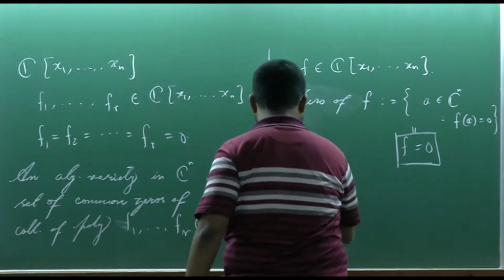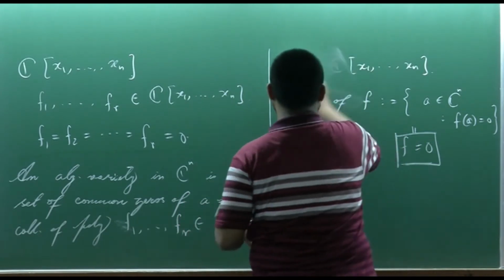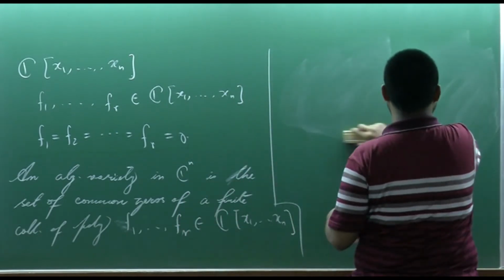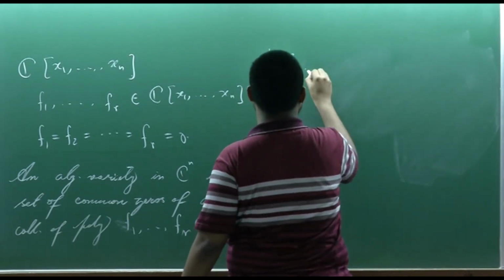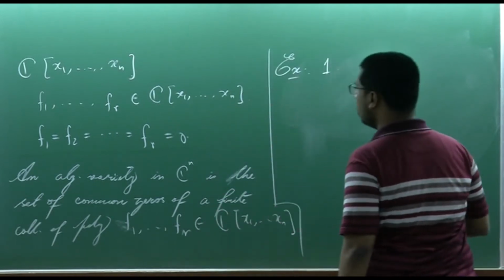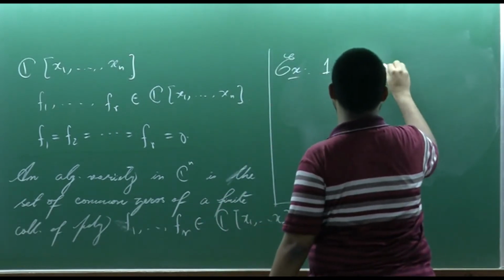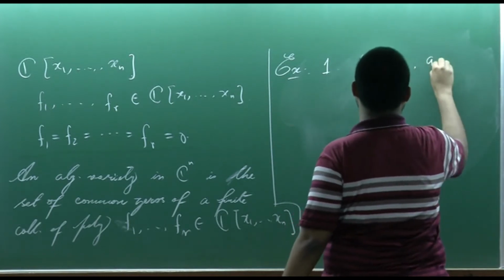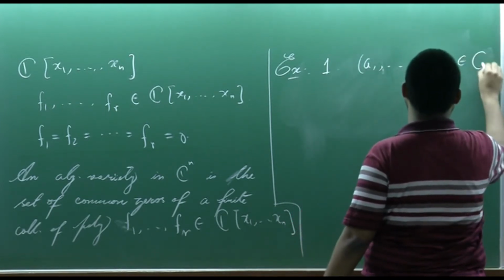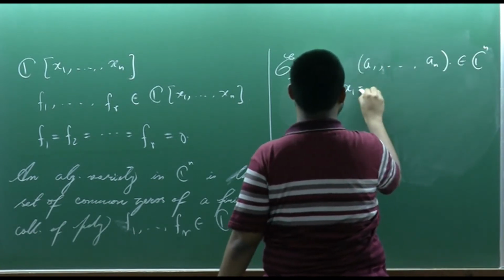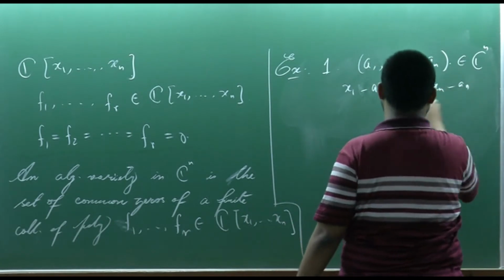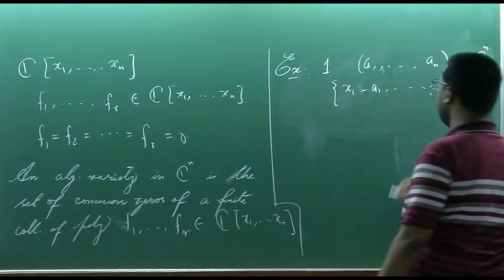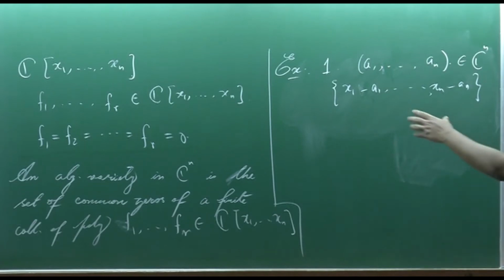So, let me give you some examples. What are the examples of varieties? First of all, any given point, let us say (a1, ..., an), is a variety. Why? If you take the set of polynomials x1 minus a1, up to xn minus an, the common zeros of these polynomials are exactly this point.